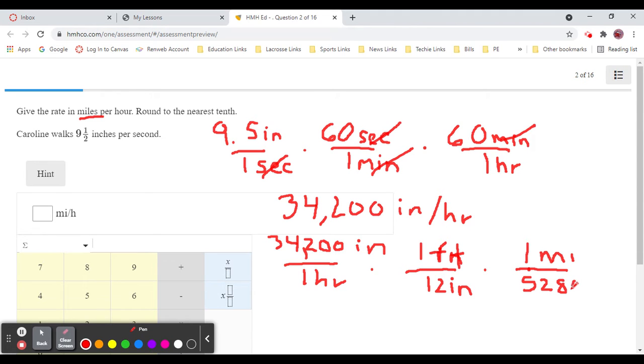So essentially what I'm doing here in multiple steps is taking this number, 34,200, dividing it by 12, and then dividing it by 5,280. So here we go.